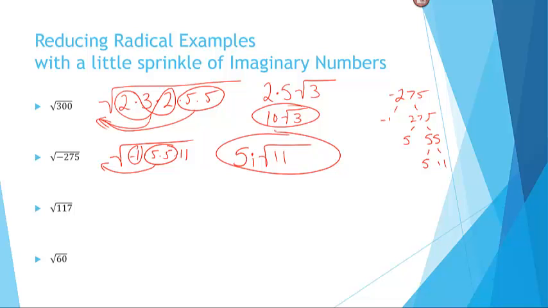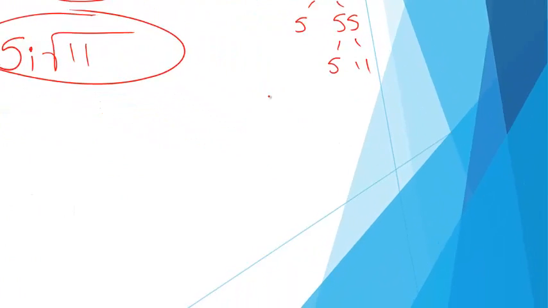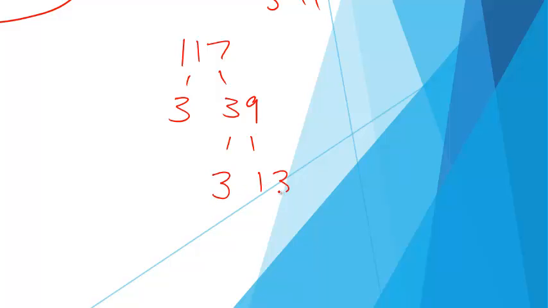Okay, next 117. Ooh, that one's ugly. Well, I can do this. Let's factor 117. That's going to be 3 and 39, then 3 and 13.